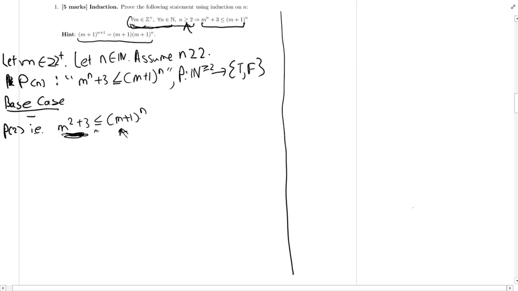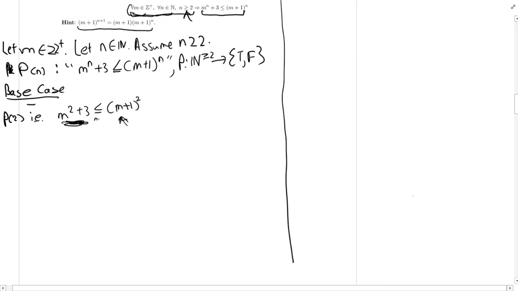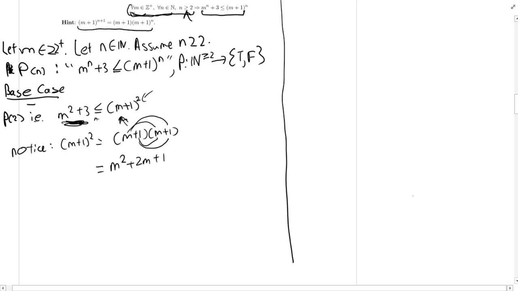Whenever you can expand something, you try to. Oh, and I didn't mean to write n there, I meant to write 2. So then you can clearly see that you can expand this: notice (m plus 1) squared equals, we expand it out, m squared plus 2m plus 1.